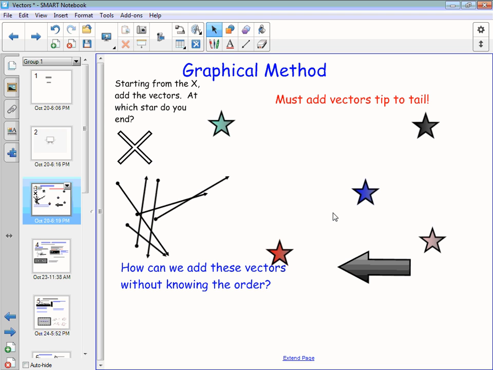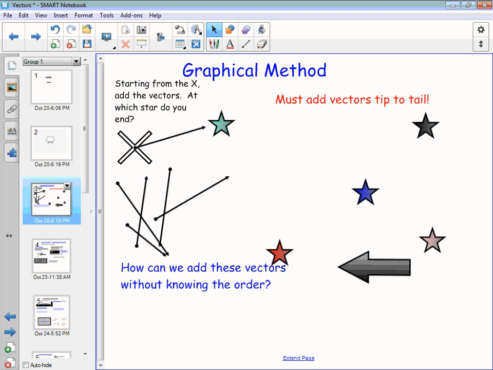Yeah. The tail of the vector needs to be at the center of the X, the one below it. The one in the middle. Yeah, that one. All right. Yeah. Okay, so that one's tail is at the center of the X, right? Okay, so which one are you going to use next? Now I'm going straight down.